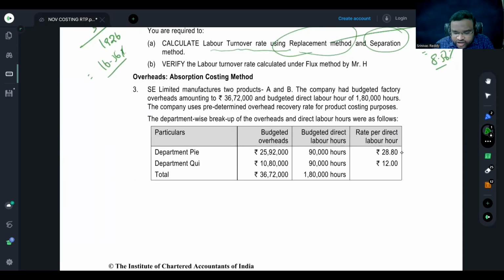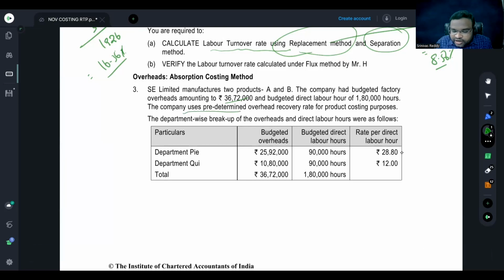SC Limited manufactures two products A and B. The company had budgeted factory overheads amounting to 36,72,000 and the budgeted direct labor hours of 1,80,000 hours. So what is your absorption? Simply, if you are working on a single overhead rate, the company uses a predetermined overhead recovery rate.